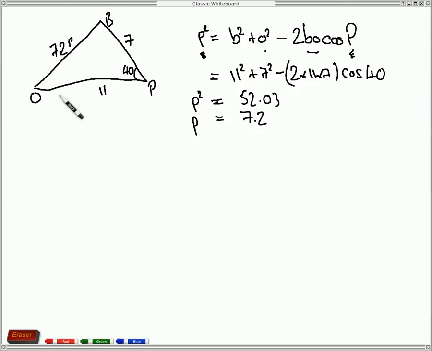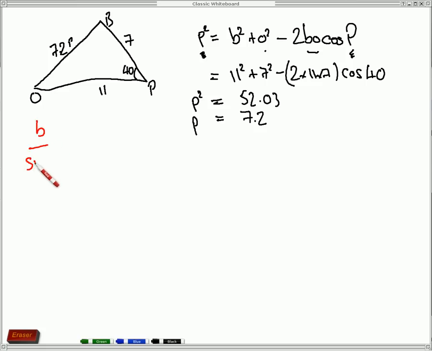And now again, you could use the cosine law here to find the next piece of information if you wanted to, if you really want to start messing around with transposing formulas. But I can use the sine law as well. So that'll be the easier way to go.